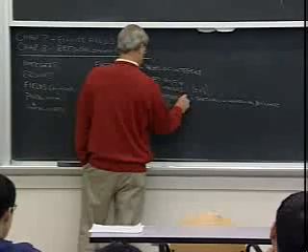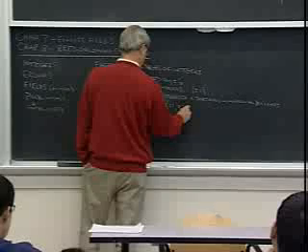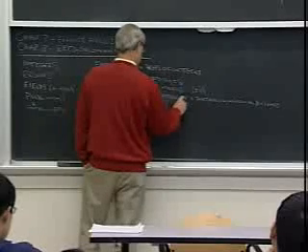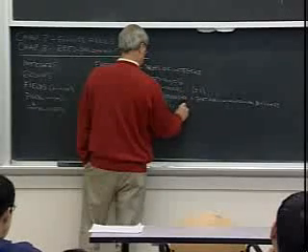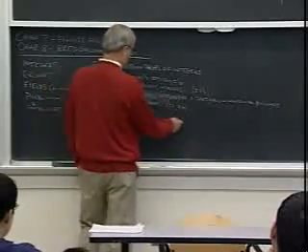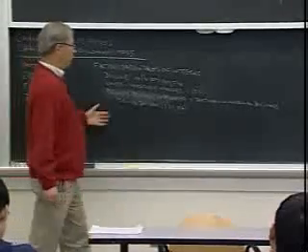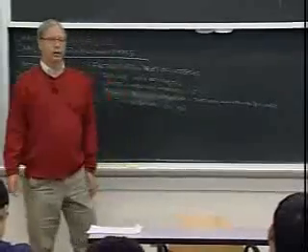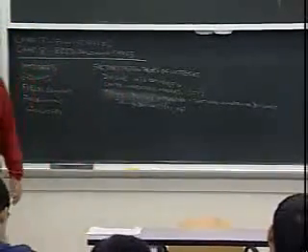Let me give this a name. Call it n. So if we have any integer n, it's divisible by plus or minus 1, plus or minus n. That doesn't count. So a prime is an integer that doesn't have any other divisors than these trivial ones.